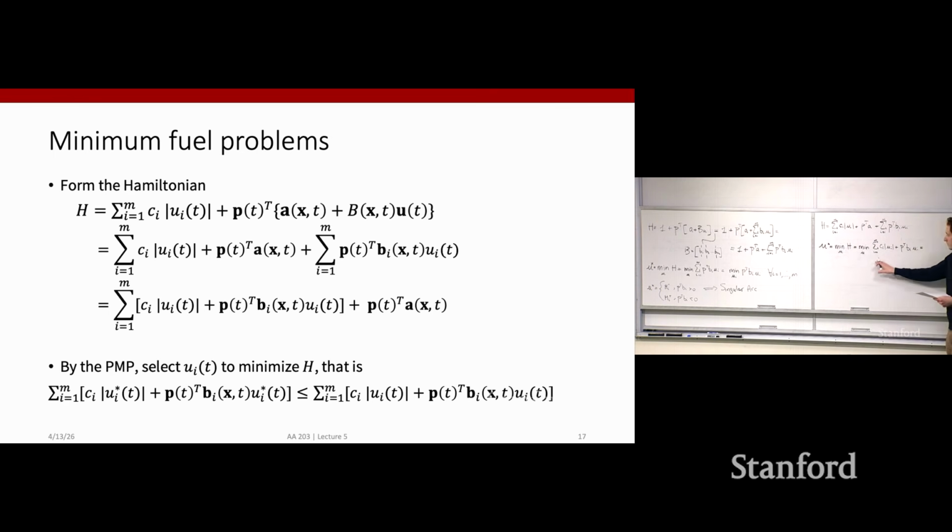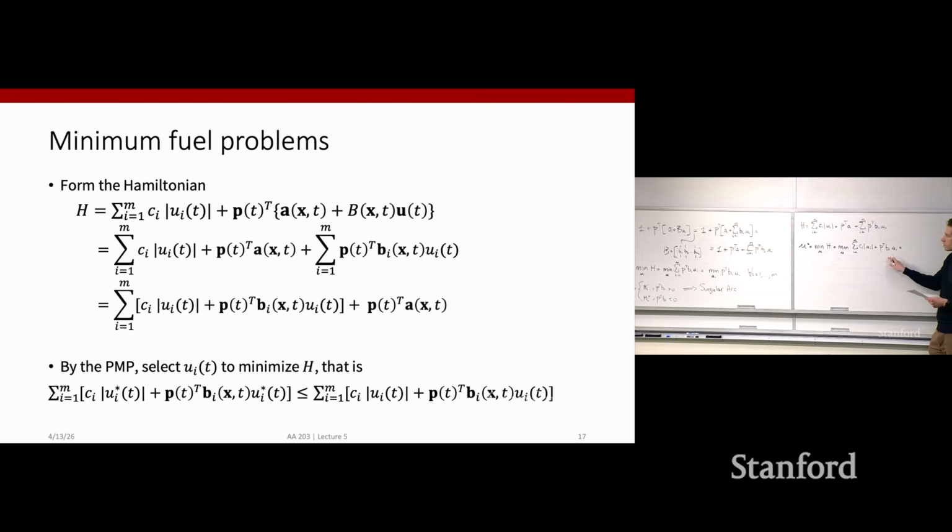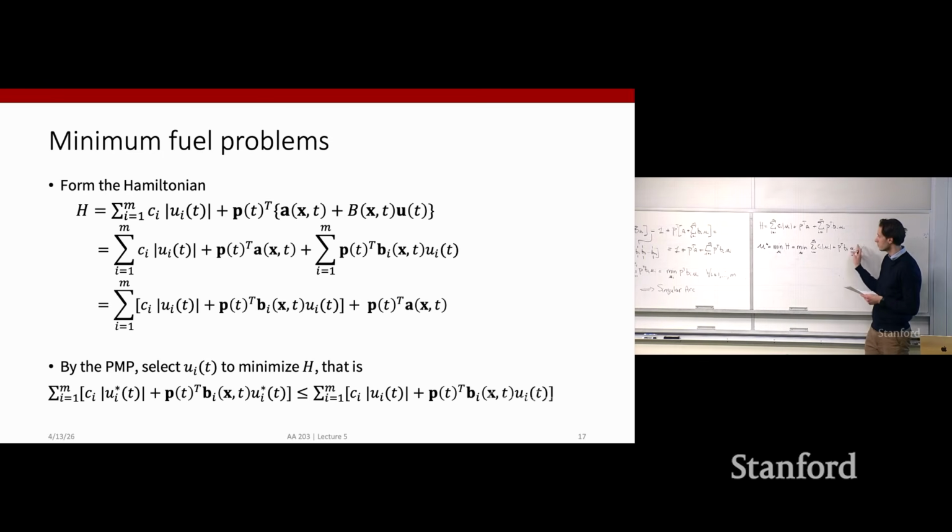Right. Now again, the dimensions of U are independent, and so we can do exactly the same trick that minimizing the summation is equal and equivalent to minimizing the individual summation term for all i's from 1 to m.